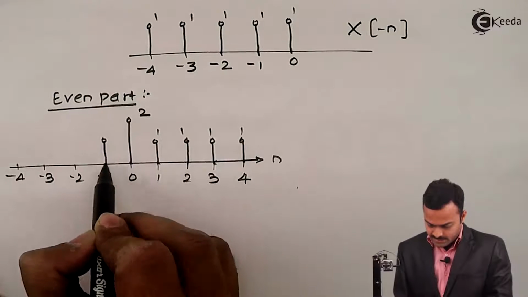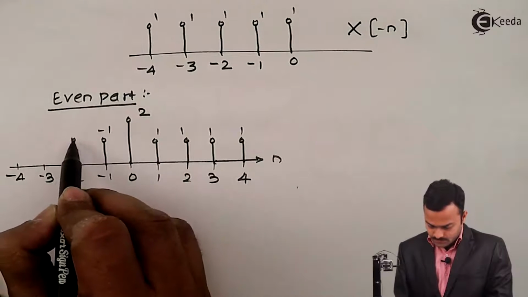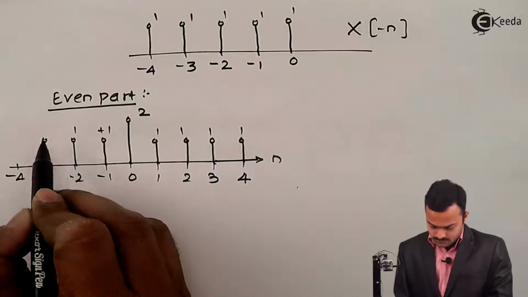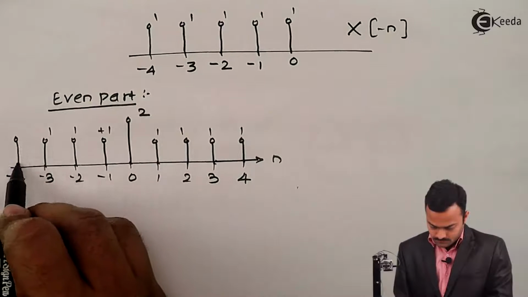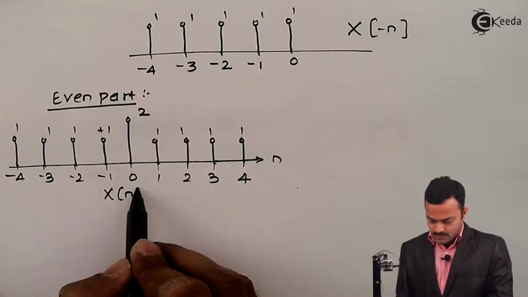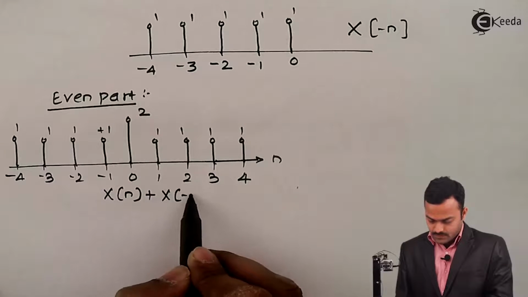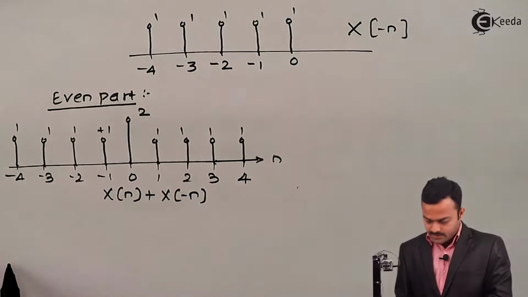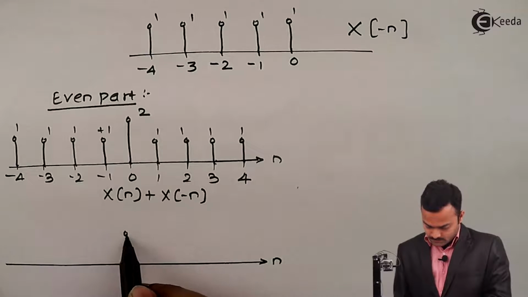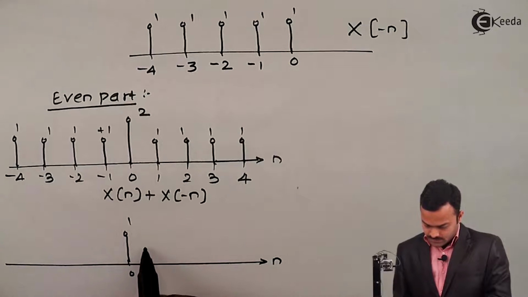Similarly, in the negative n axis also, we'll have the value 1. So this is x of n plus x of minus n. We need to divide this by 2 to get the even part, which is like this.